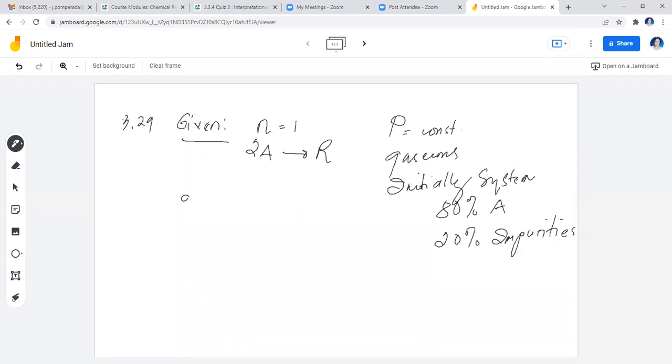So at time equal to 3 minutes, how would you translate this? Volume, it says here, decreases by 20%. So what is your volume in terms of the initial volume? If it decreases by 20%, what's your final volume?